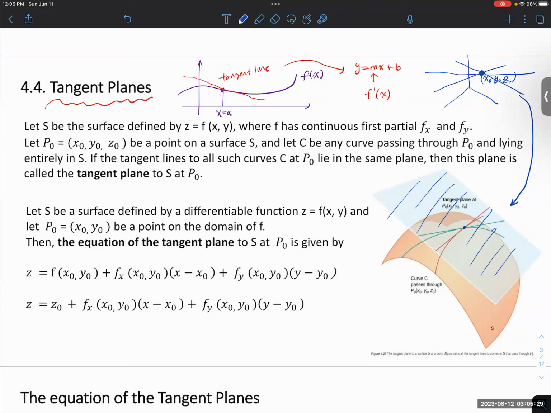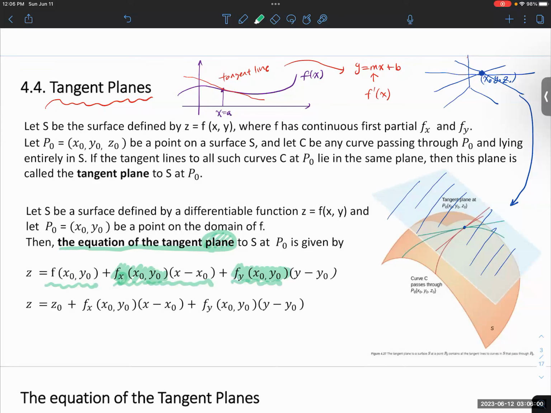And very similarly, we're going to find the slope and the y-intercept. The formula is going to be this. To find the equation of the tangent plane, this part is kind of like the y-intercept: you find f of x0, y0. Then you take the partial derivative with respect to x times x minus x0, plus the partial derivative with respect to y times y minus y0.